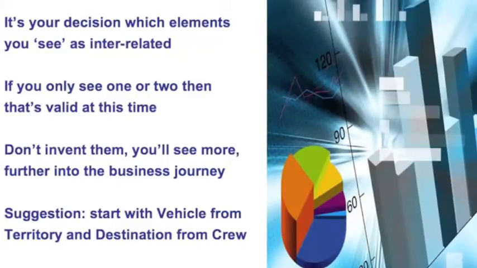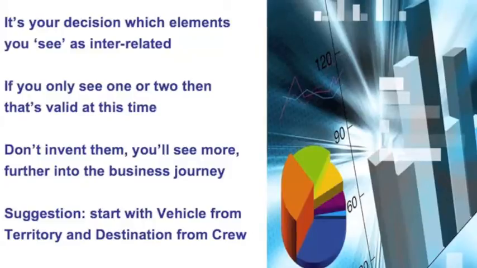So it's your decision which elements you see as interrelated. One or two of them may be all that you see this time, and that's fine, just enter them. Don't try to invent them or construct them, only the ones that are obvious. You will see more as you get further into the business journey.